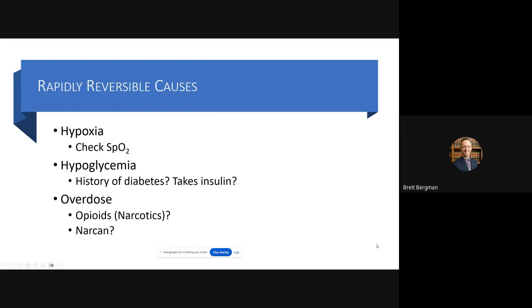So those rapidly reversible causes, again, hypoxia. We can check their oxygen saturation with a pulse ox. If someone has a history of diabetes or takes insulin, that may be something that's making them hypoglycemic, especially if they're exercising more than what they usually do. Maybe they took some insulin, they forgot to eat a meal, they've been skiing.